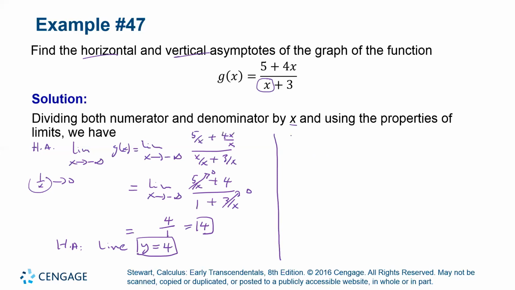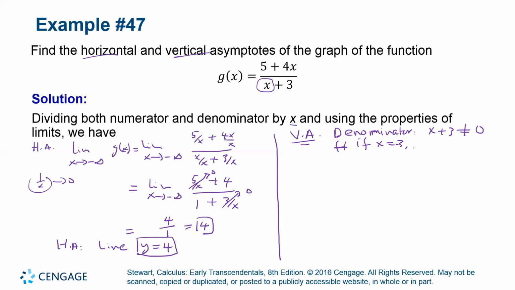And then what is the vertical asymptote? Now consider the denominator, which is x plus 3. We don't want this to be 0. So if x is equal to negative 3, then the denominator is 0.